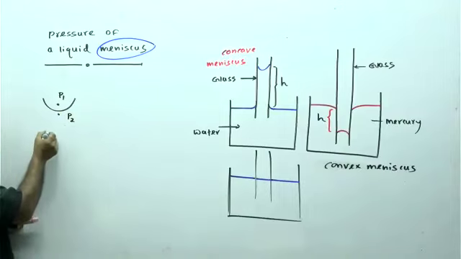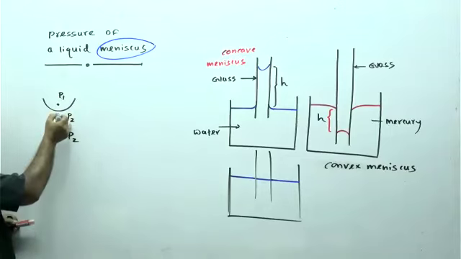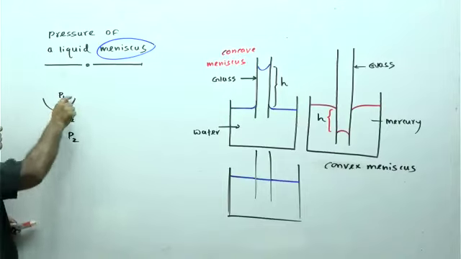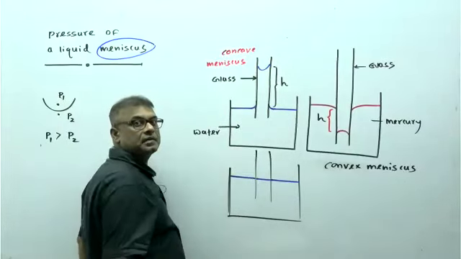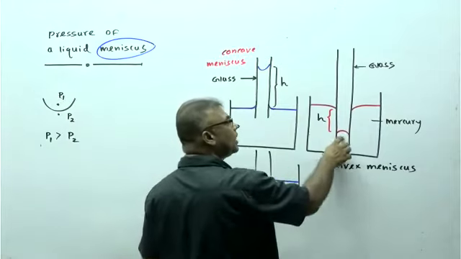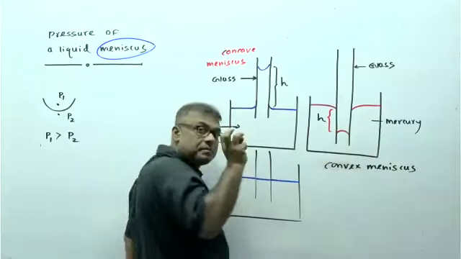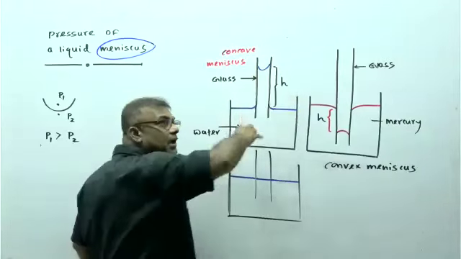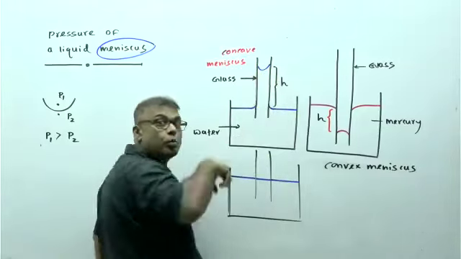Today it seems P1 is greater than P2, isn't it? You can see pressure P1 is greater than P2. Don't think about it too theoretically. Just look at the shape of the meniscus. It looks as if someone is pressing from above, and from below it looks as if someone has put a hand underneath and pushed upward. So the upper pressure is larger than the pressure below.